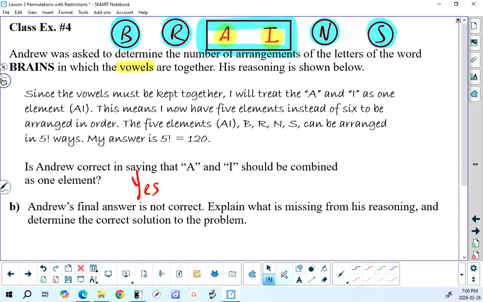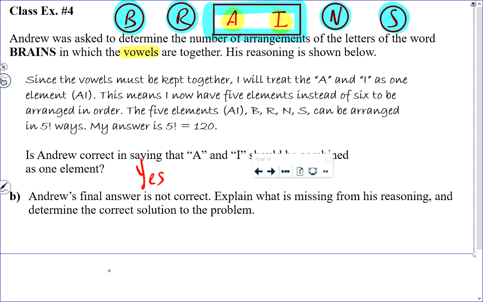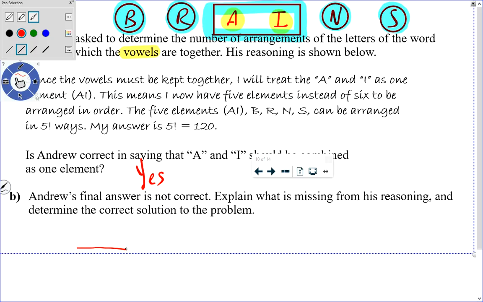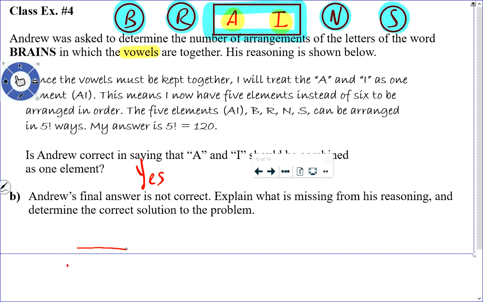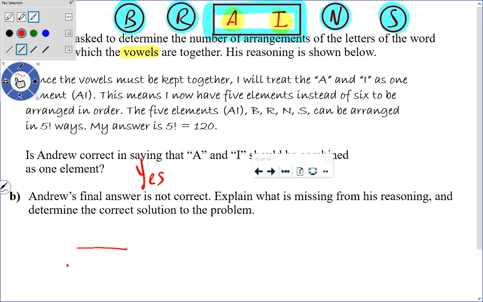No. Because what Andrew is neglecting is he has to arrange the 5 elements.